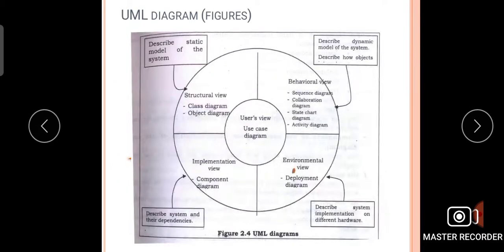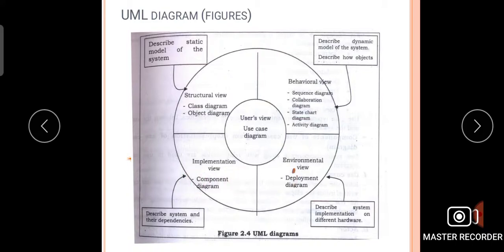Here, see: structural view, behavioral view, environmental view, implementation view and user's view. Totally 5 views, and these 5 views cover 9 diagrams. The structural view has class and object diagrams. The behavioral view has sequence, collaboration, state and activity diagrams. The environmental view has the deployment diagram, and the implementation view has the component diagram.